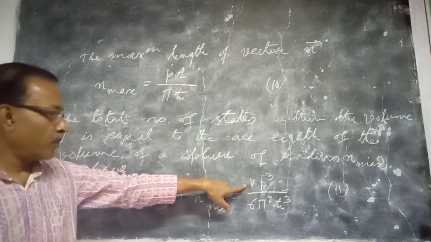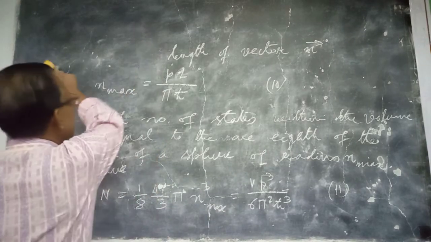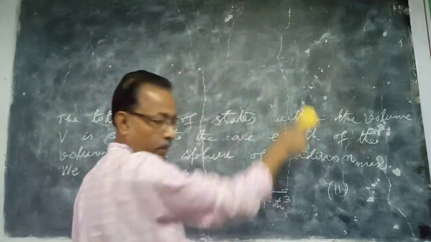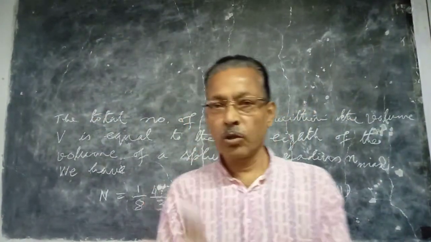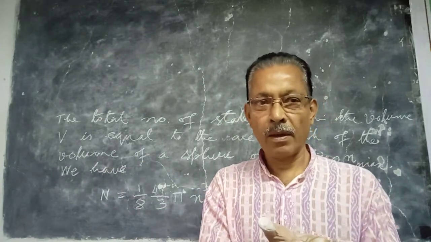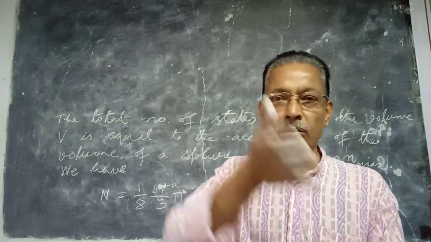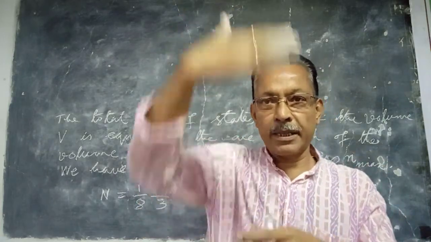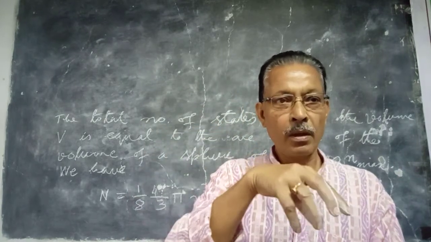Now why have we considered it in this way? Why 1/8 of the volume of a sphere? You have a sphere, and you get two hemispheres if you cut along the diameter in the horizontal plane. Each hemisphere is cut by two perpendicular planes, so you get 4 parts.